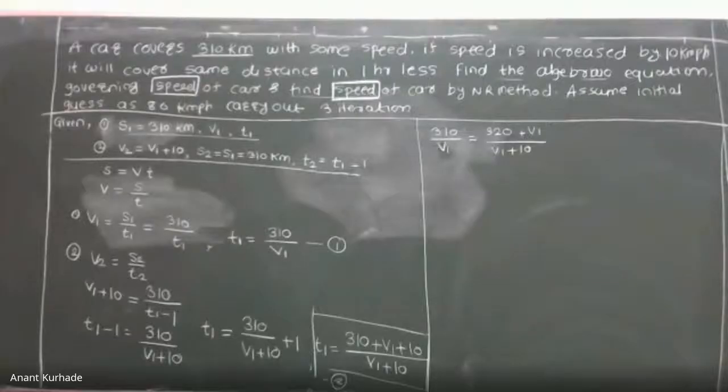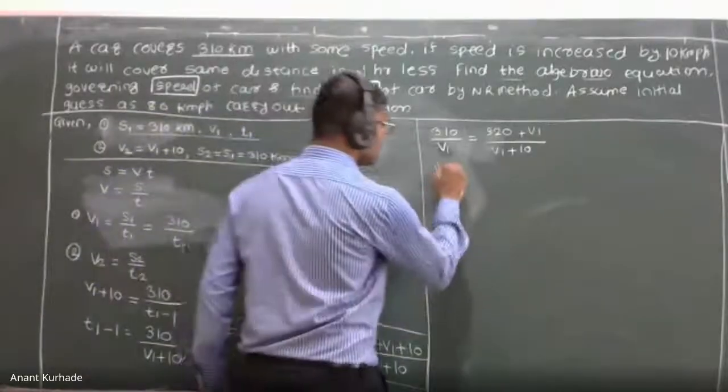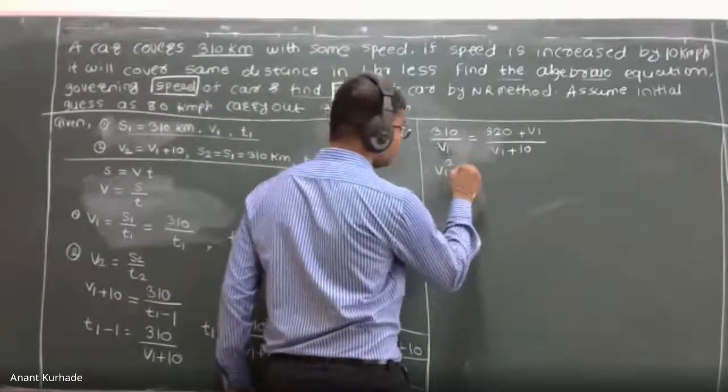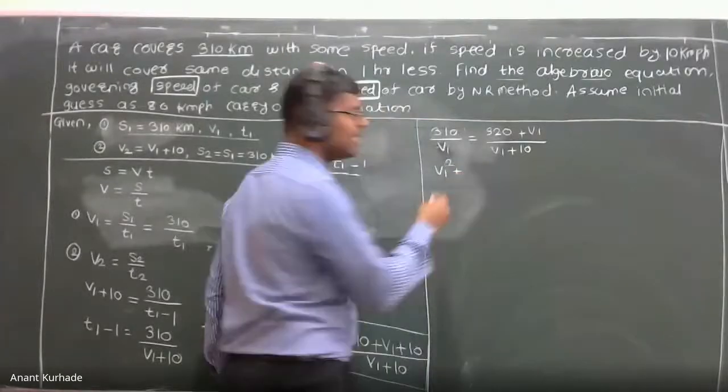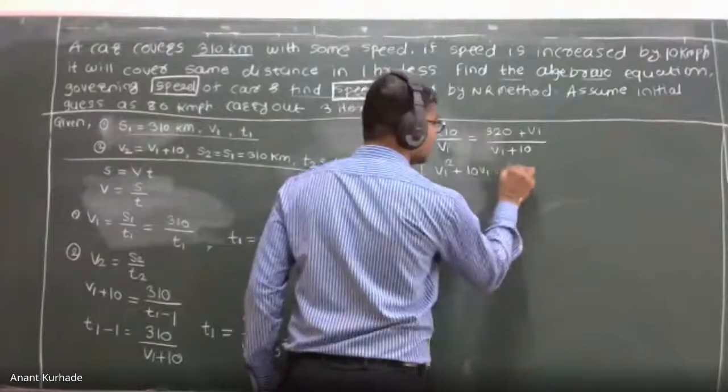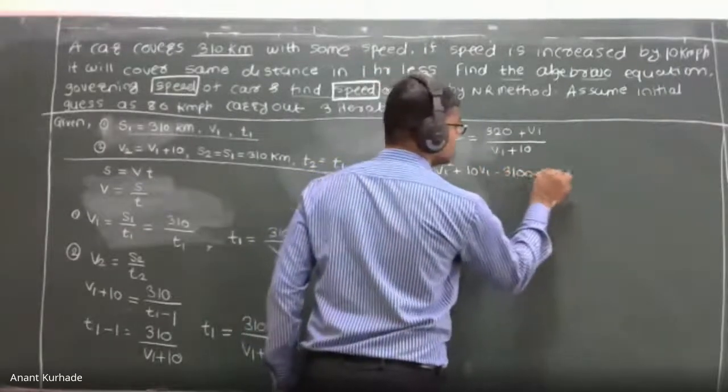That is correct. V1 square plus 10 V1 minus 3100 is equal to 0.